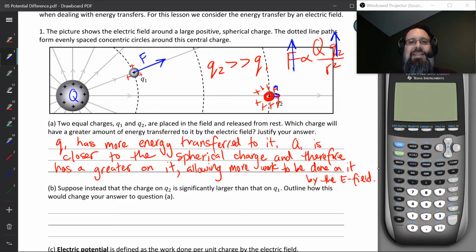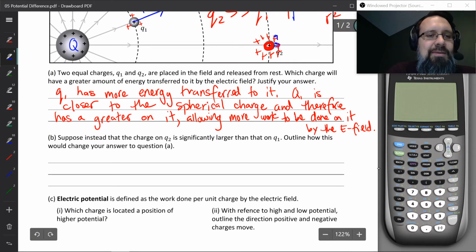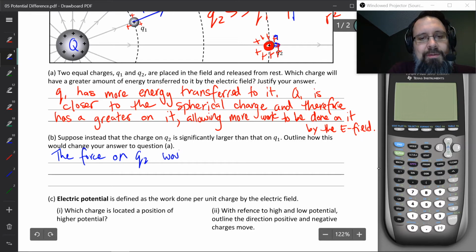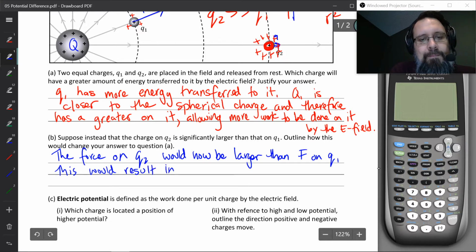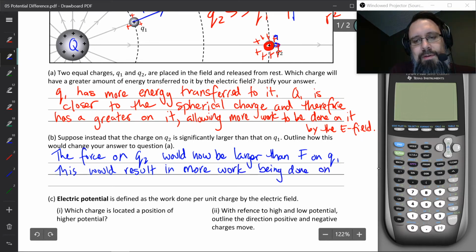And so we have to realize that this idea of electric potential doesn't just depend upon how far you are, it also depends upon how much charge there is. So this would change the answer: the force on Q2 would now be larger than F on Q1. This would result in more work being done on Q2.